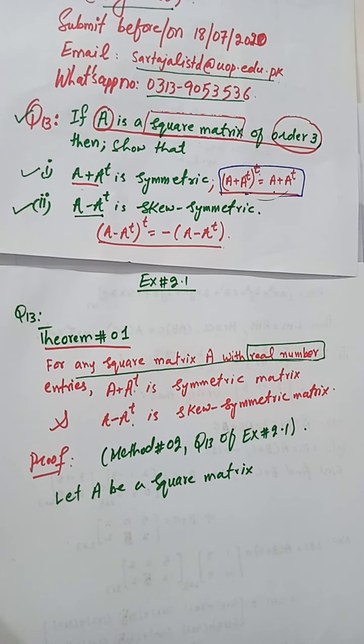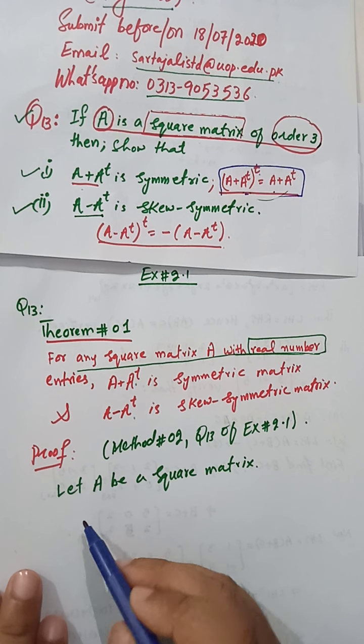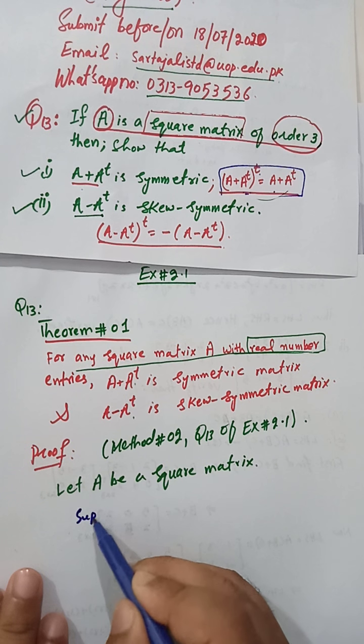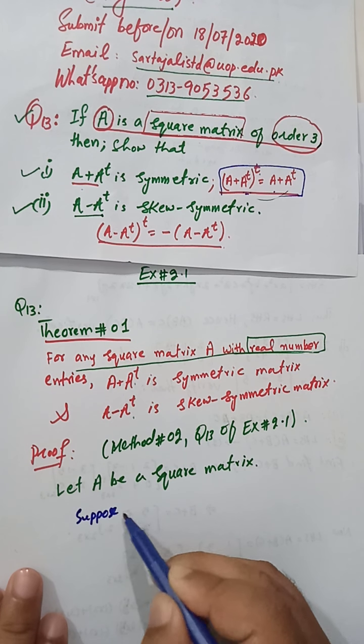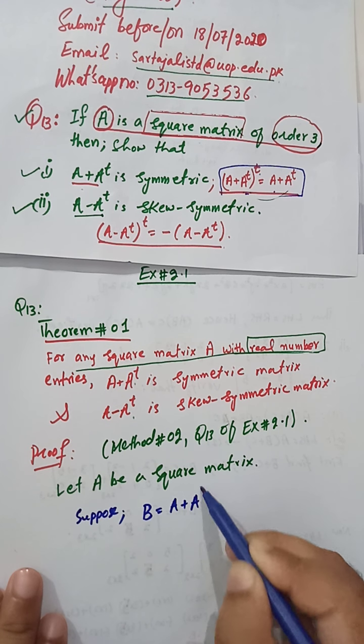So A is any square matrix. Now suppose B is equal to A plus A transpose.